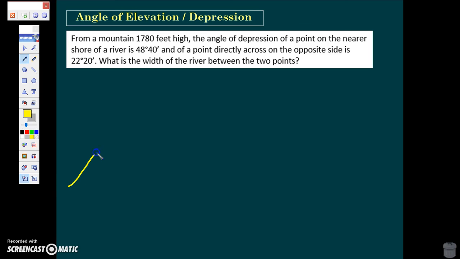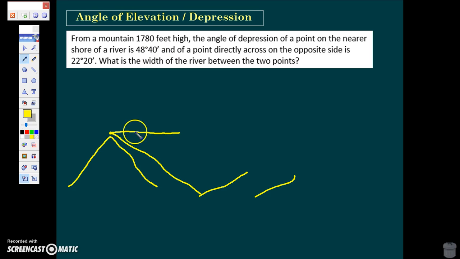Let's say this is our mountain, that's the top of our mountain. If someone is here observing, looking down, there's a river on the level ground. Looking at the nearer shore, the angle of depression is 48 degrees 40 minutes, meaning this must be that angle. Again, it should be made with the horizontal.